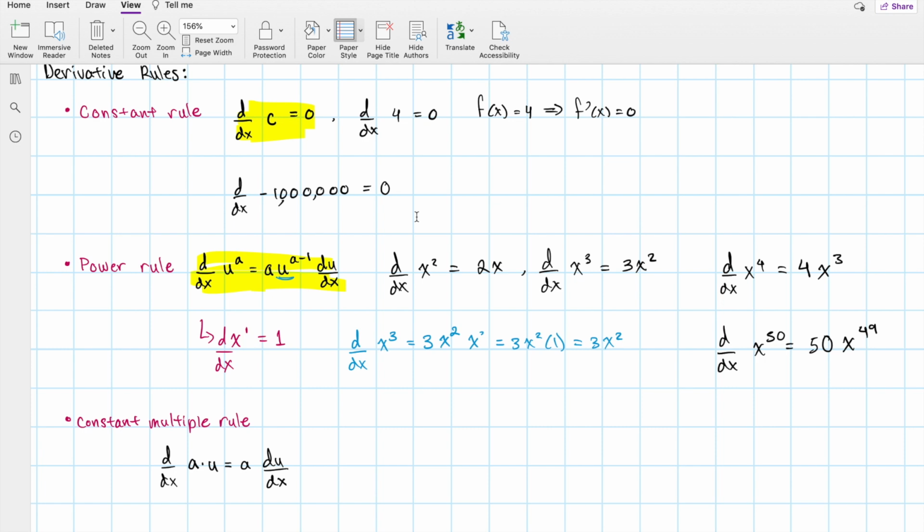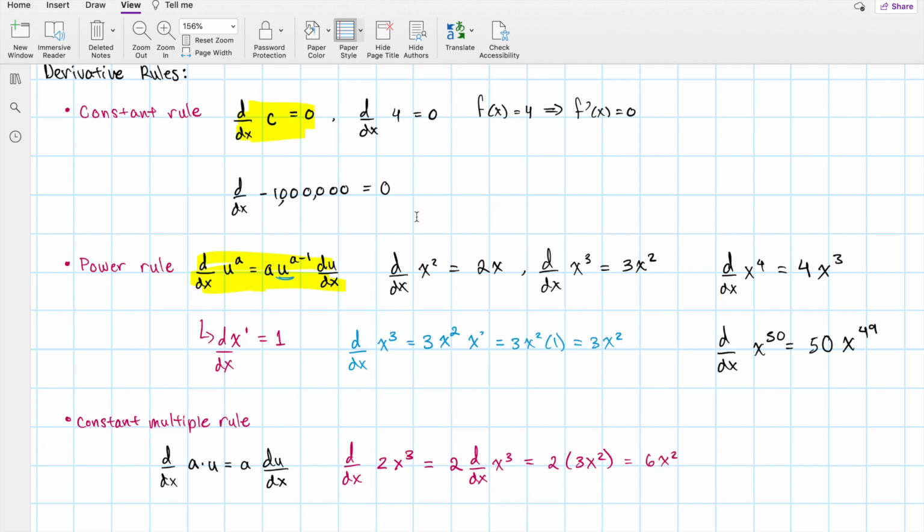What this looks like is if I take the derivative of, say, 2x cubed. Well, the rule says I can take out the constant, put it in front, and then simply take the derivative of x cubed. Well, we know the derivative of x cubed because we just did that. That's going to be 3x squared. Remember, we're multiplying, so I'm just going to pull out the constant number, which then when we simplify gives us 6x squared.